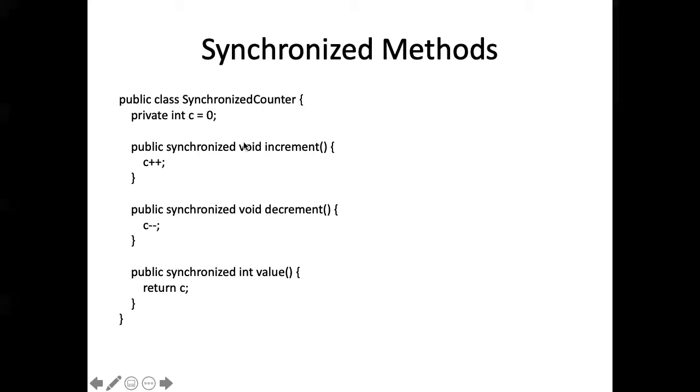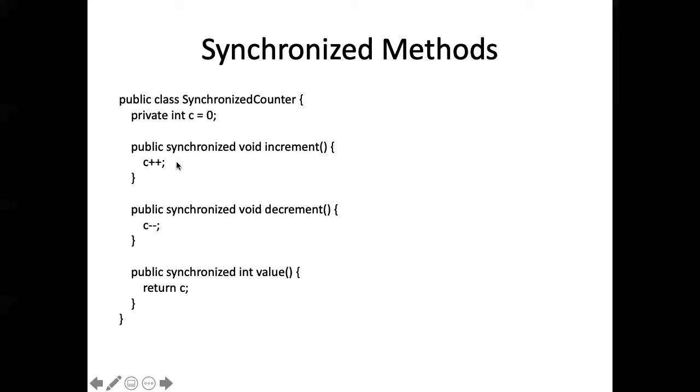And when you call the synchronized method and you're granted the lock, then you are able to execute that method. And while you have the lock, no one else can execute a method in that object until you release the lock. And the way you release the lock is you exit the method.